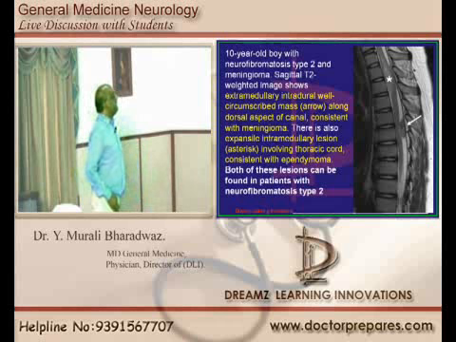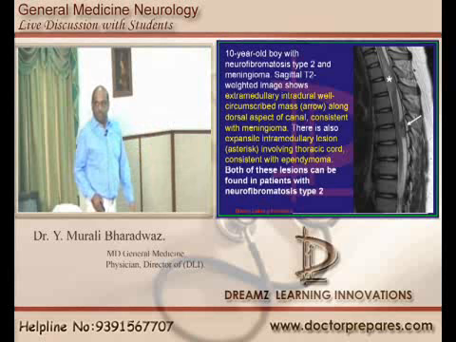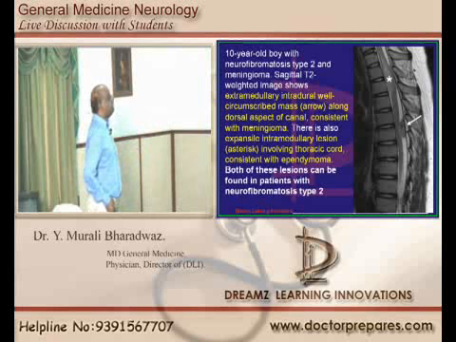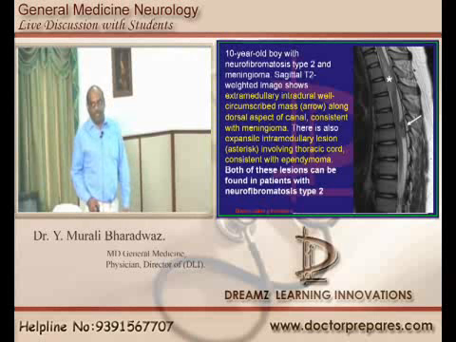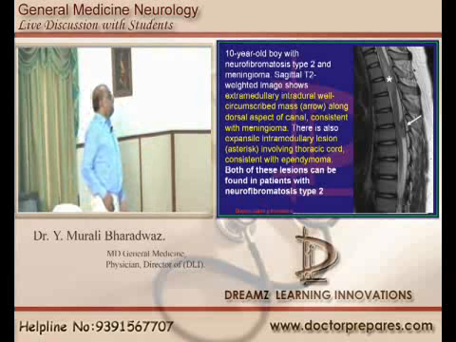So he is having an extramedullary intradural well circumscribed mass in the thoracic cord, which could be meningioma, and there is an expansile intramedullary lesion involving the thoracic cord, which is because of the ependymoma. Already we discussed, gliomas and ependymomas are common in intramedullary location, and both these lesions are possible in neurofibromatosis type 2.